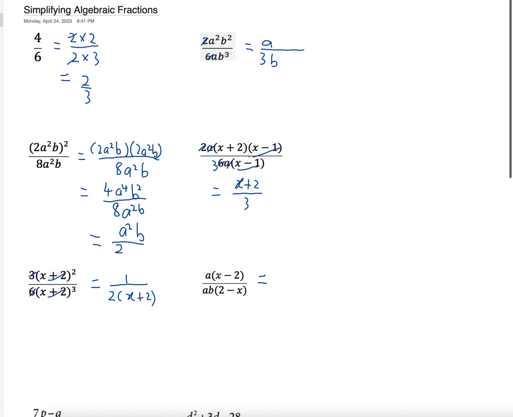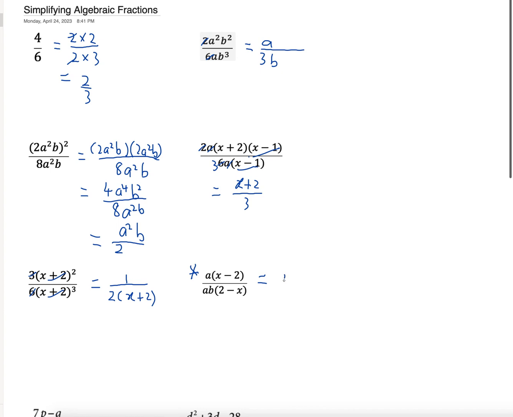The next example is a special case. You notice that x minus 2 is in the numerator, but in the denominator is 2 minus x. So we need to rearrange it by taking out the sign.